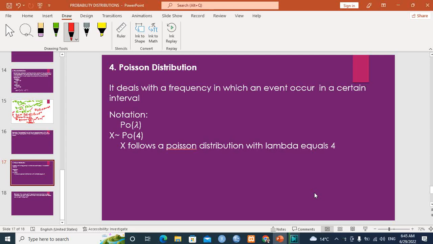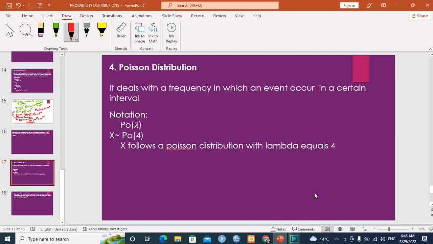Yes, so what does the Poisson distribution model for us? It is working with some intervals and the outcome of those intervals. For instance, we are dealing with the rate at which something happens.